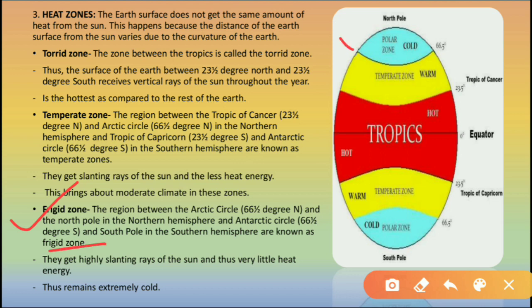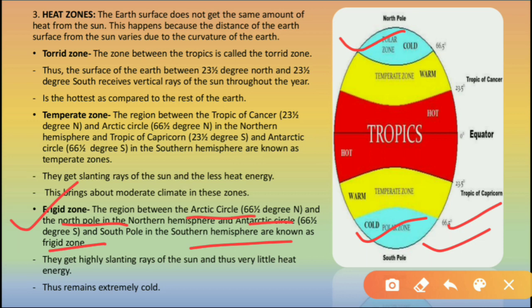See the blue colored part, the topmost area. The region between the Arctic Circle and the North Pole, and the region between the Antarctic Circle and the South Pole. So the blue colored area is known as the frigid zone.